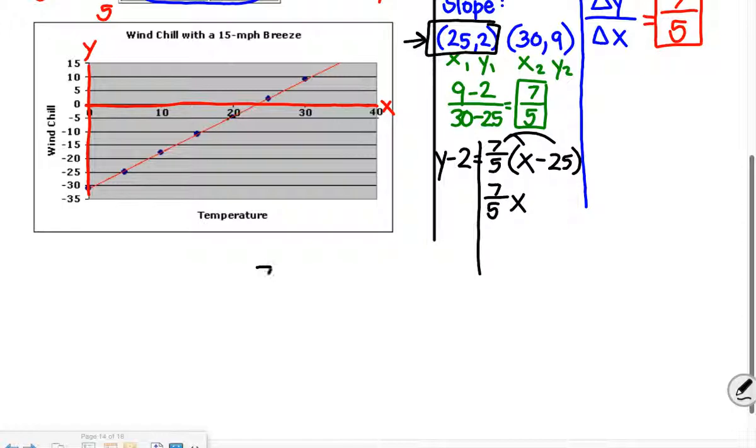Then off to the side, 7/5 times a negative 25 over 1. So 7 times a negative 25 is negative 175 over 5, which equals negative 35. So this right here will turn into a nice number, negative 35.